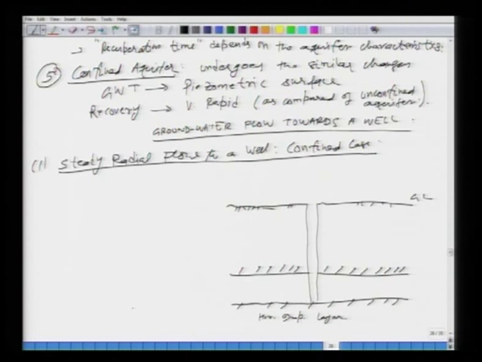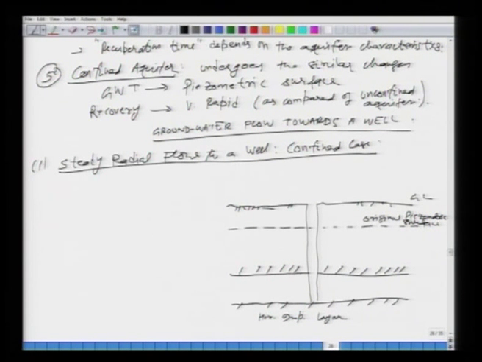Okay. Original piezometric surface was, let us say, this much. All right. This is your original piezometric surface.